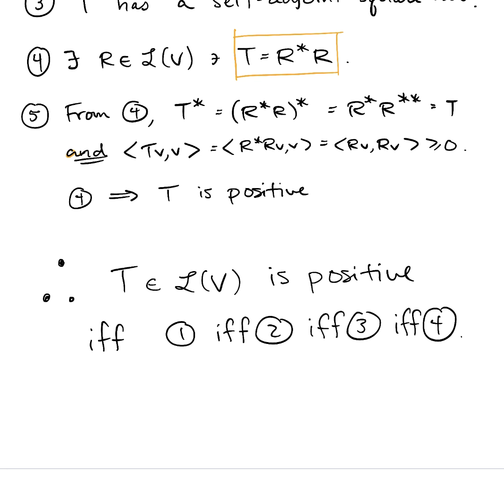And that's the first big theorem here in section 7C. So positivity is equivalent to all sorts of different things. Positive operators are going to play a nice role in our further development of understanding the structure of operators on inner product spaces.